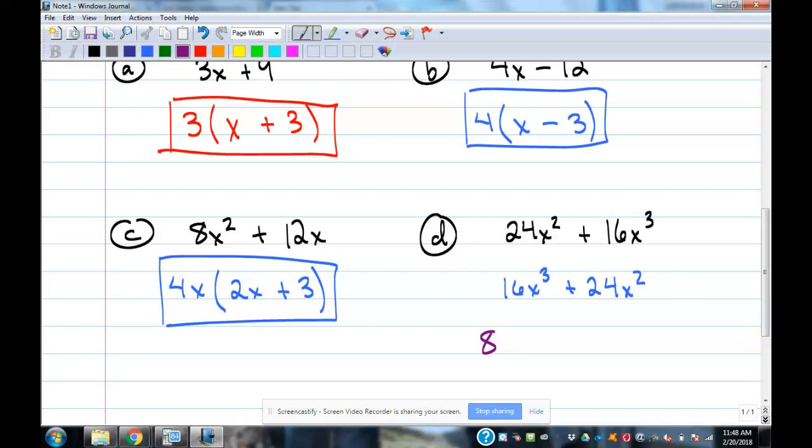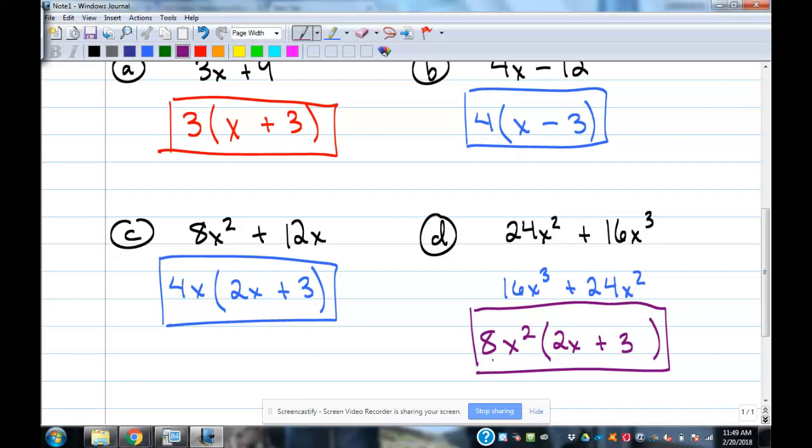So the x in the greatest common factor is going to be x squared for the 2 that they could pair up. What's that going to leave in parentheses? 2x plus 3 again. Because 8 times 2 is 16. X squared times x is x cubed. 8 times 3 is 24. X squared times 24 has the x squared on it. We've factored that with the GCF.